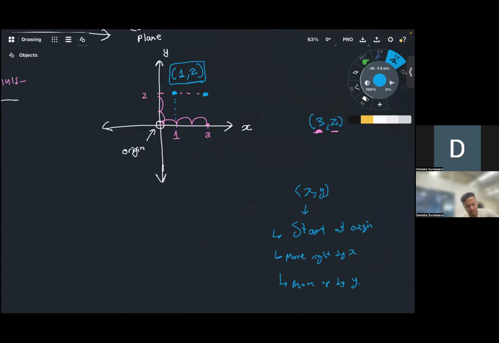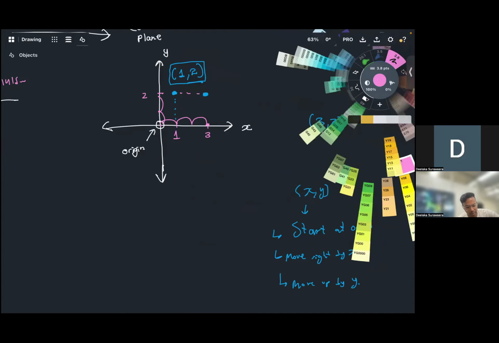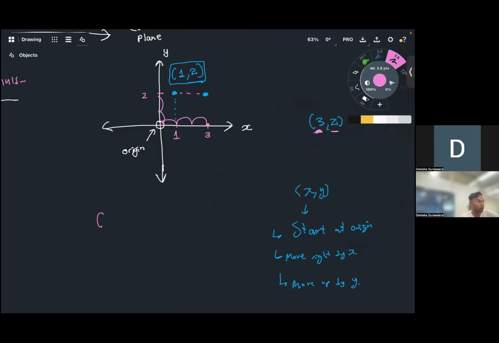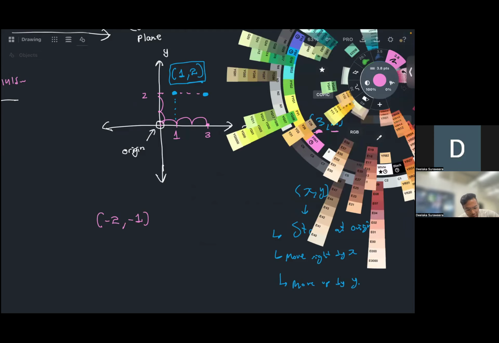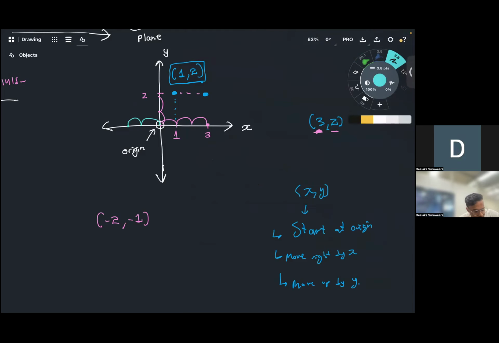And now, here's one more thing before I give you some problems to solve on your own. What if it's (-2, -1)? What do you do? So you move right. Yeah. If it's negative, instead of moving right, you move left. So you move left by 2.